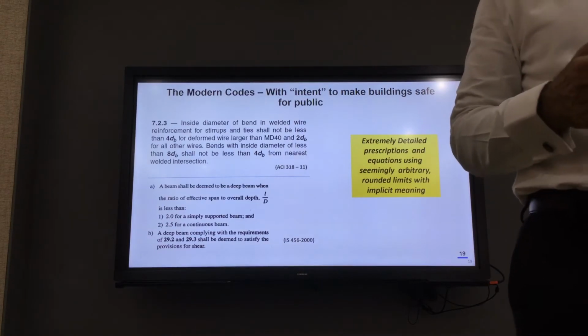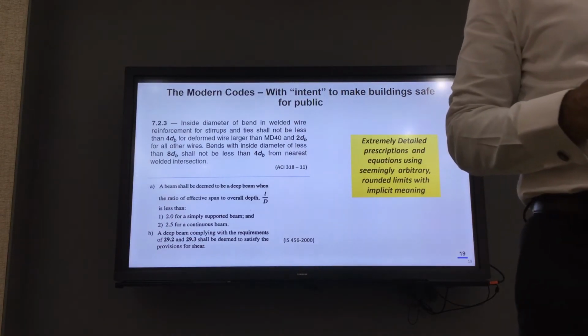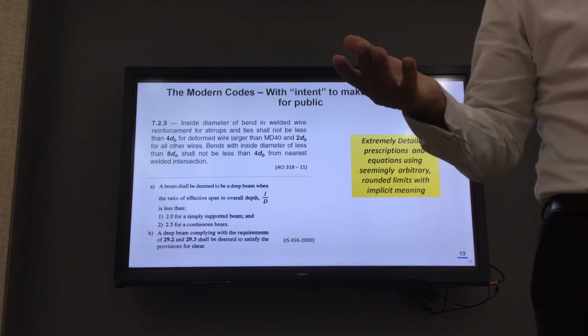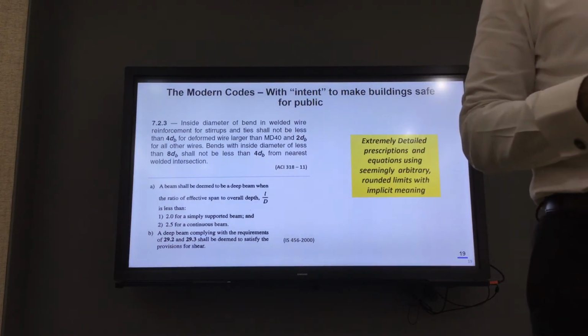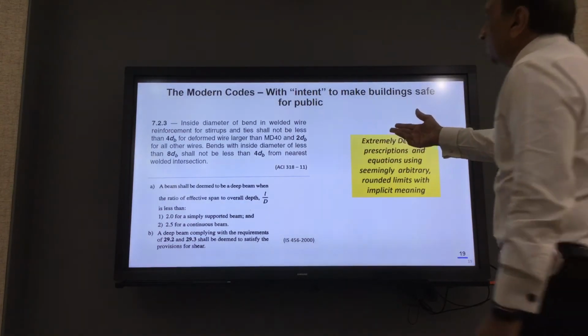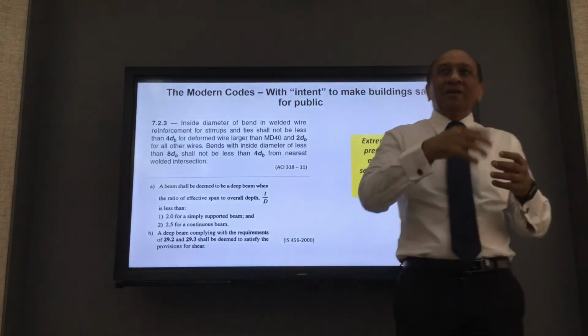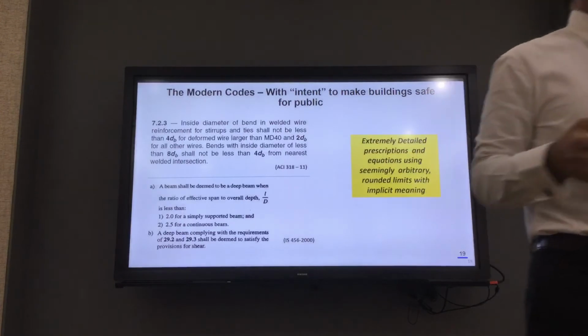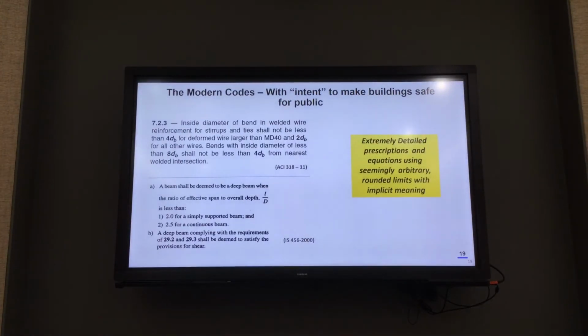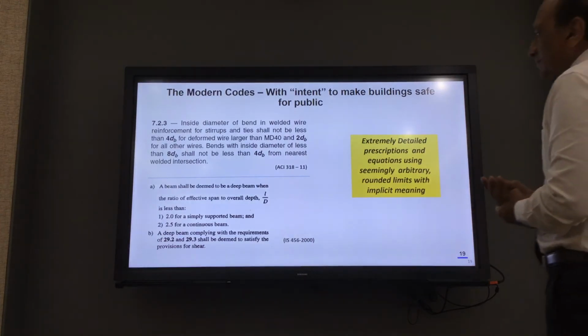There is no in-between zone that I can stay in. So either I'm wrong or I'm right. But in reality, things don't work like that. For example, look at these limits: 4, 2, 8. Everything is a multiple of 2, and reality is not a multiple of anything. Reality is continuous, right? Things change continuously, right? So because of that, all these arbitrary limits become questionable.